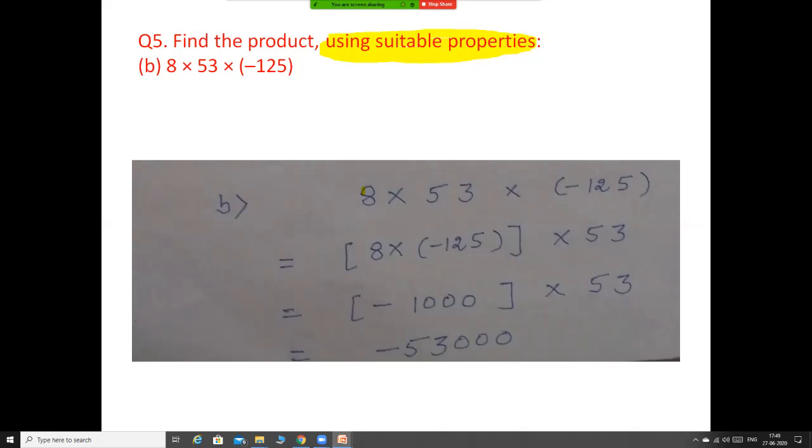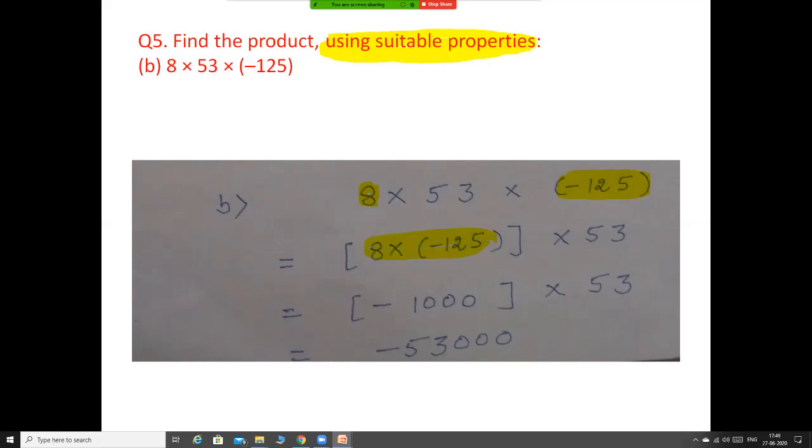So I think when this 8 is multiplied with this, then some miracle will happen. What is the miracle? 8 into minus 125. What will happen now? Wow, answer is minus 1000.